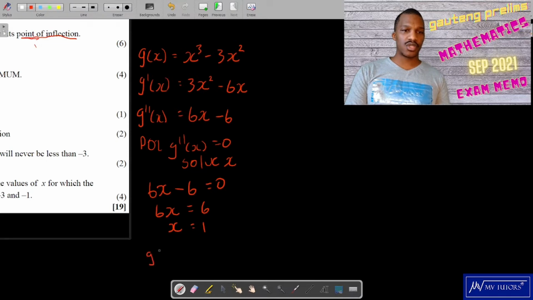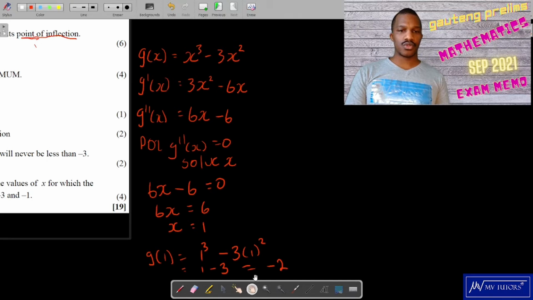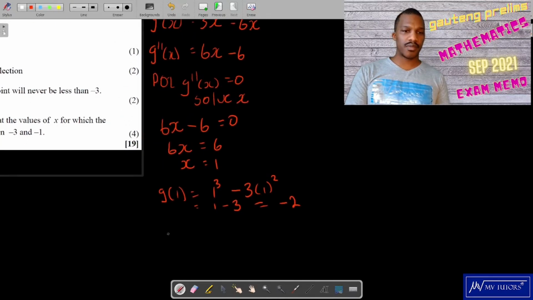So it's g of 1, which is 1 cubed minus 3 times 1 squared. That becomes 1 minus 3, which is minus 2. So my point of inflection coordinate is therefore (1, minus 2). That's my coordinates for the point of inflection.